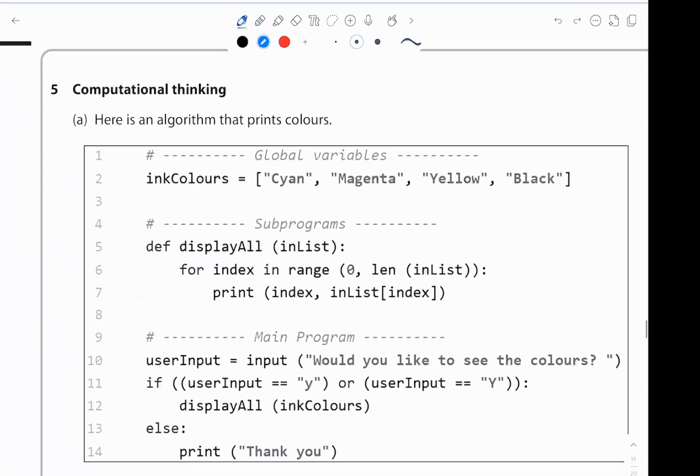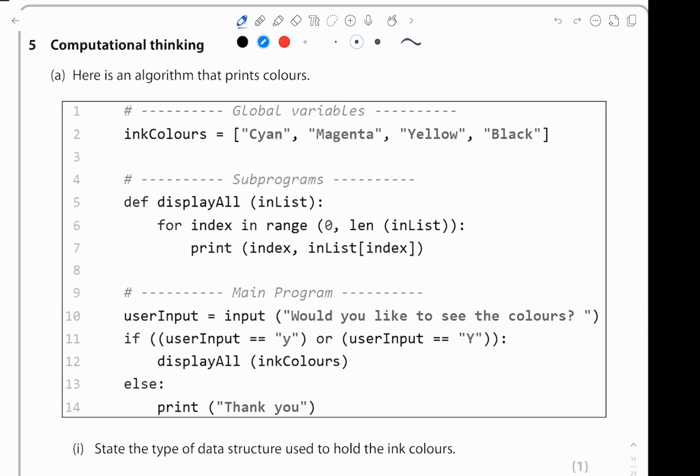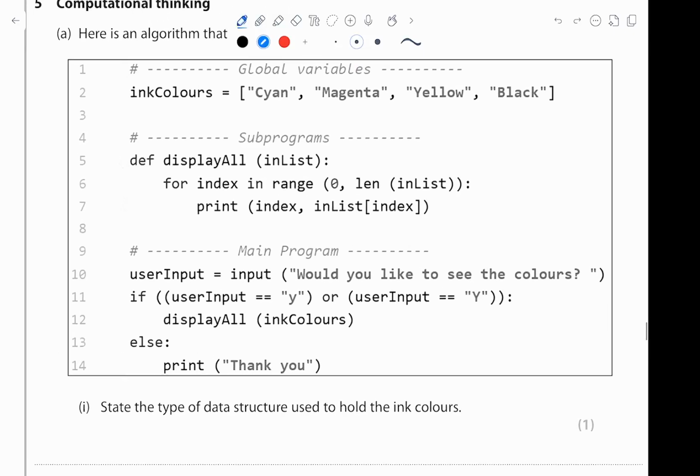Computational thinking. Here is an algorithm that prints colors. Let's have a look. State the data type, or type of data structure that holds the ink colors. Well, it's technically an array.